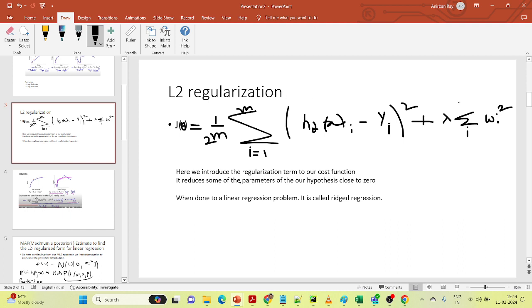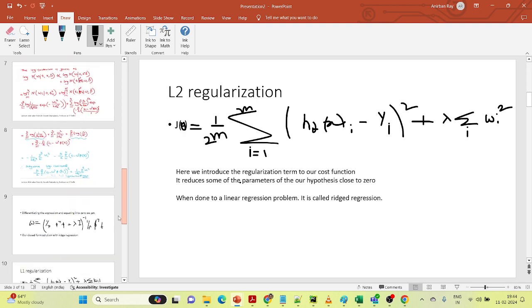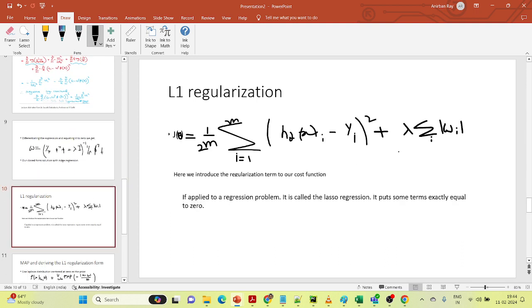I'm just telling it lightly now. You can see that in L2 regularization, as it is a square, we can easily take a derivative. But in L1, as this is a mod, we cannot take a derivative, as at wi equals 0 this is non-differentiable.